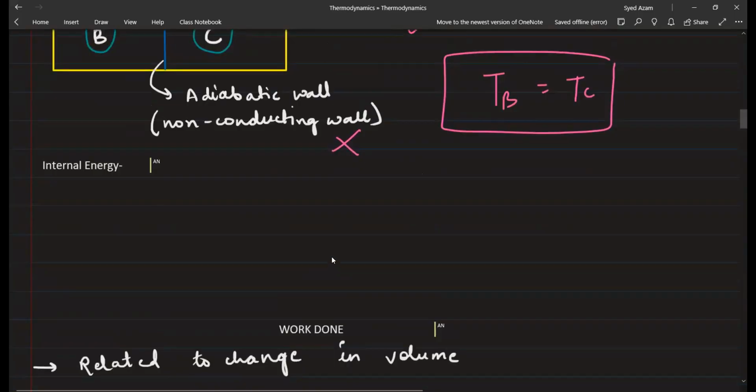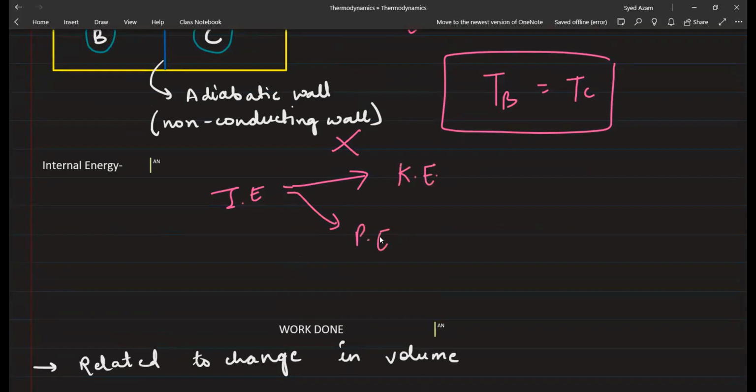And last point before we go on to the statement of work done, internal energy. So internal energy, I think I mentioned this earlier also, I'm talking about kinetic energy and I'm talking about the potential energy. One is your kinetic energy, other is the potential energy. So your internal energy is made up of the kinetic energy plus the potential energy.